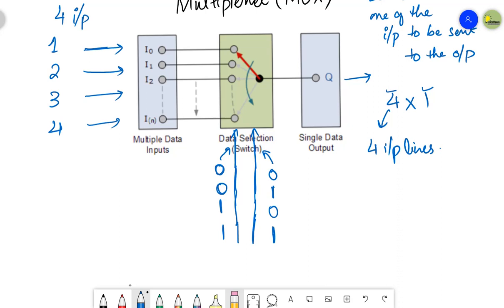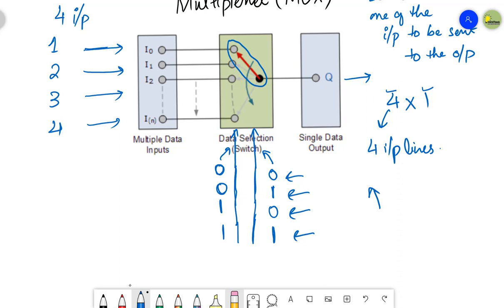and upon these control signals, the decision is going to be made as to which of the inputs needs to be sent to the output. Let's suppose the control signal sends 0, 0.